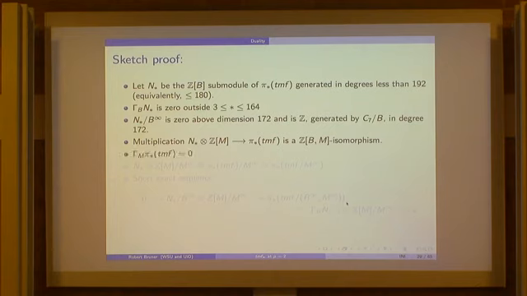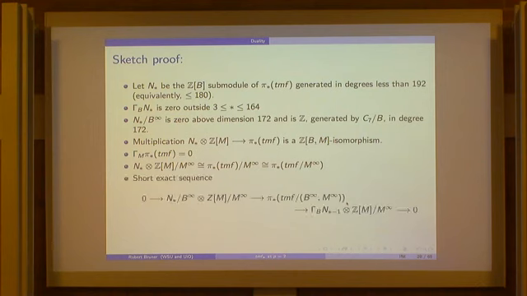And then the M power torsion in the homotopy is 0. And so that means that N star tensor Z of M mod M infinity is the homotopy of pi star TMF mod M infinity.